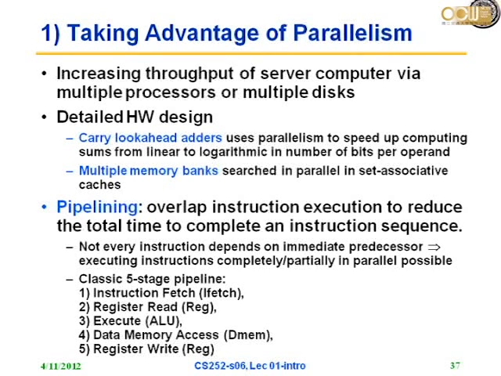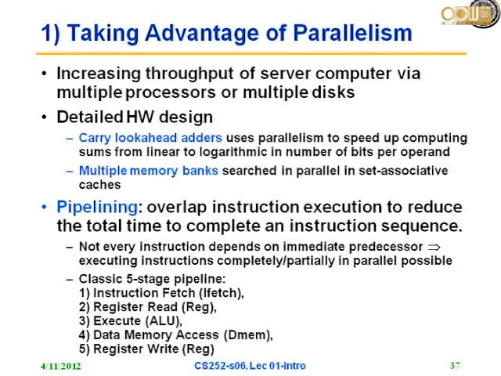And detailed hardware design, like carry-lookahead adders, uses parallelism to speed up computing sums from linear to logarithmic in number of bits per operand. So I can shorten my carry propagation chain. And multiple memory banks searched in parallel in set-associative caches.